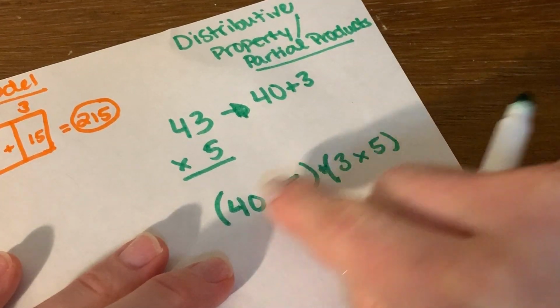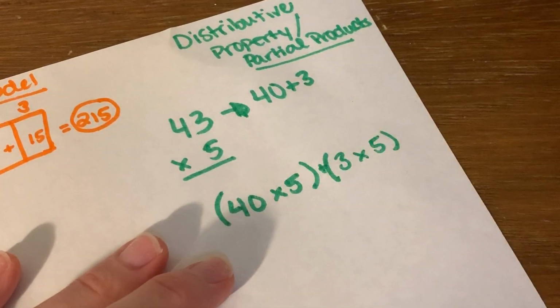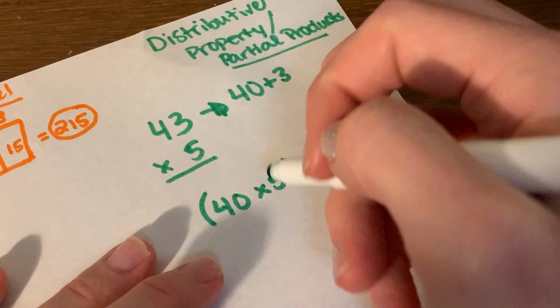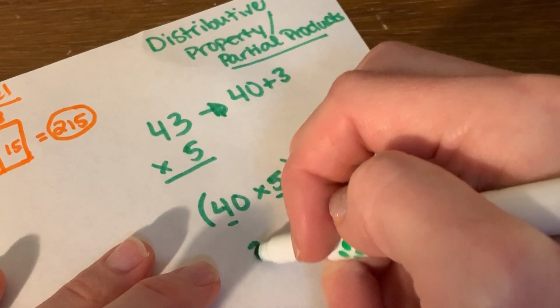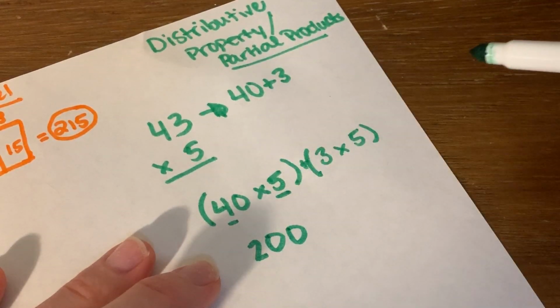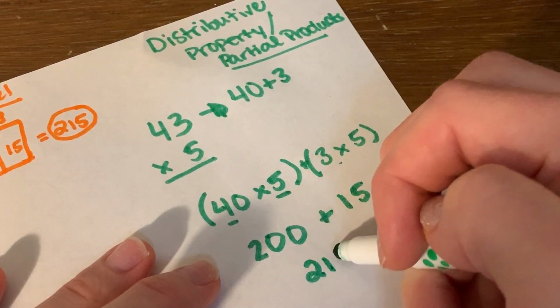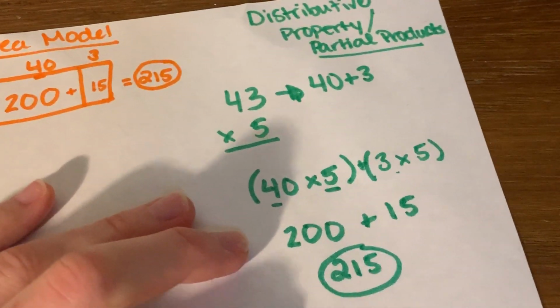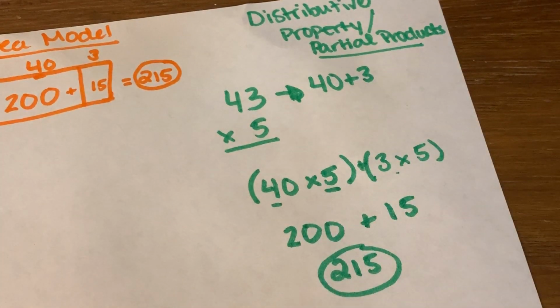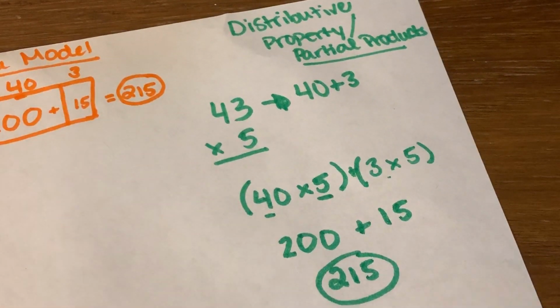I still have my 43 groups. I've just broken it down into smaller chunks, okay? So 4 times 5 gives me 20. Tack on a 0 gives me 200. Plus 3 times 5, which gives me 15, which gives me that answer again of 215. So that's using the distributive property or partial products.